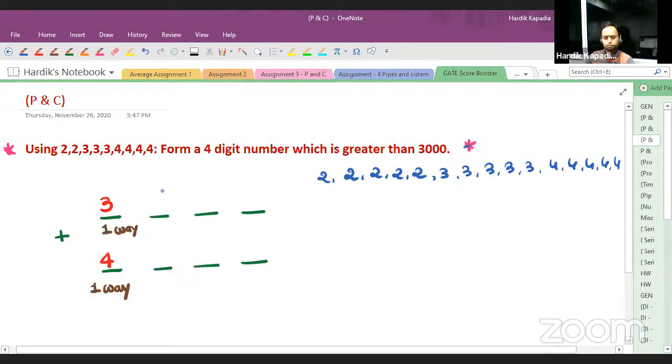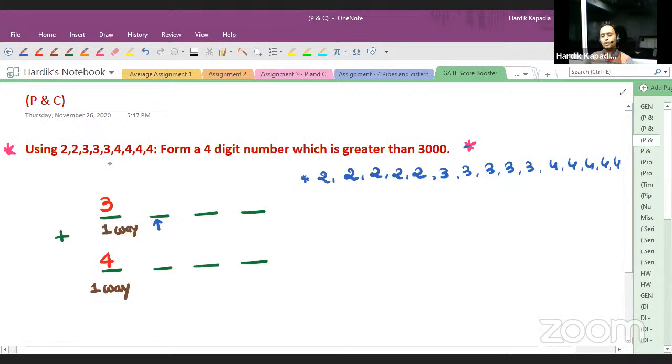So now, if I have to fill this place, in how many ways can I fill this? You will say, sir, if you have used this 3 over here and it is without repetition, then first and foremost it is not possible. But not at all. This is in one way, you can fill this with 2 or 3 or 4.